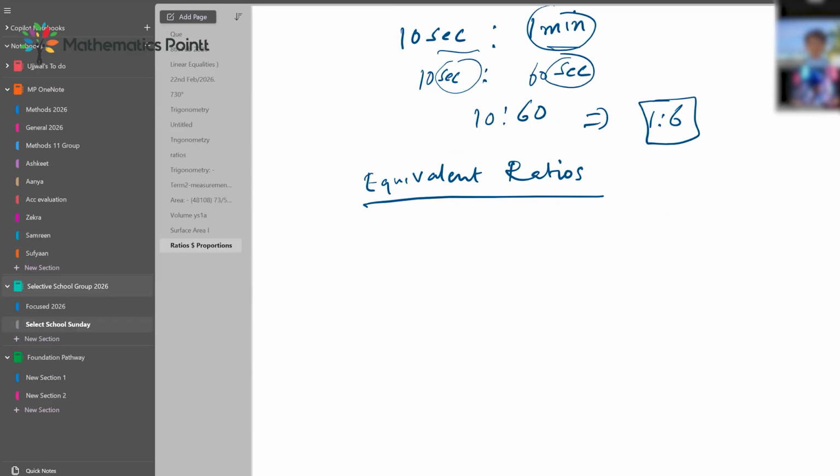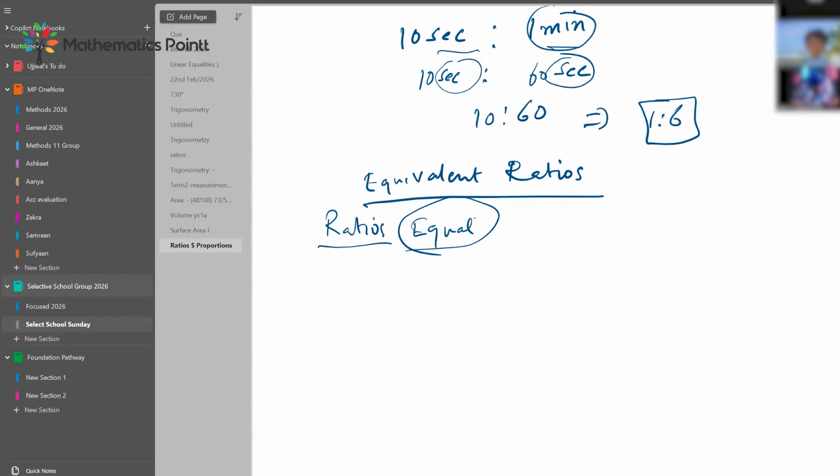What are equivalent ratios? The ratios which are equal, ratios that are equal, form equivalent ratios.